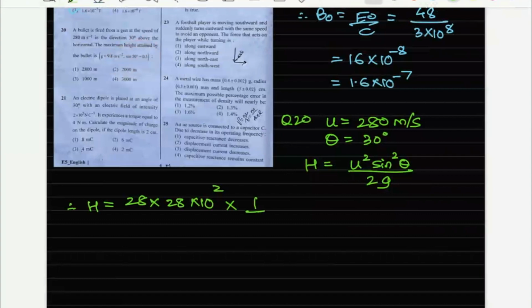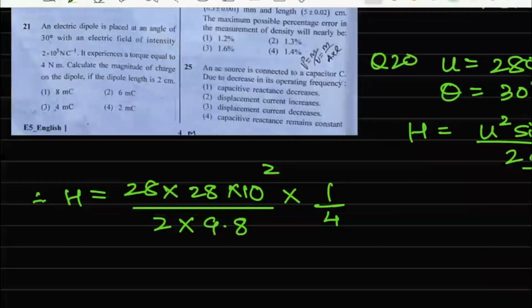Half squared is 1 by 2 square is 1 by 4, divided by 2 times G, and this is not so great here. They want us to take 9.8. Okay, fine. So 4 is a, then 2 is a, 7 is a, again 4 is a.